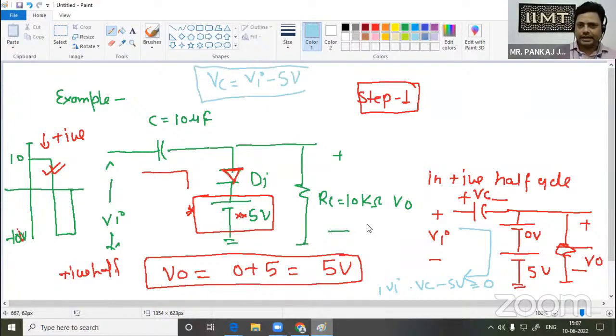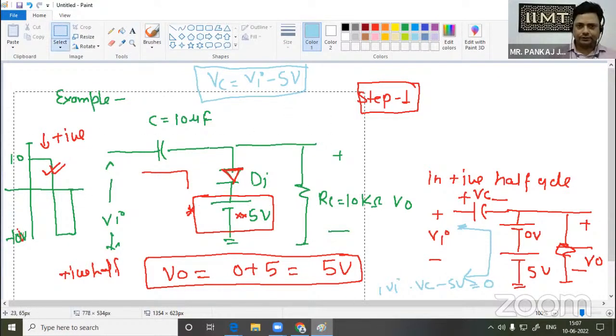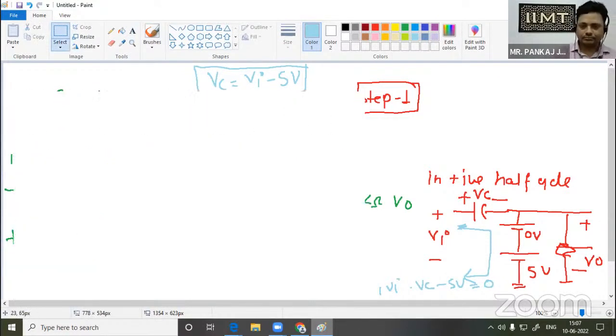With the help of this KVL, we are able to find the voltage across the capacitor. This voltage across the capacitor will remain the same when we analyze the negative half cycle. So I am making the circuit for the negative half cycle.